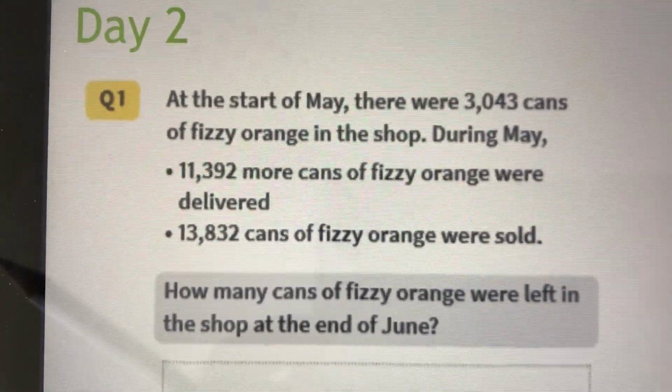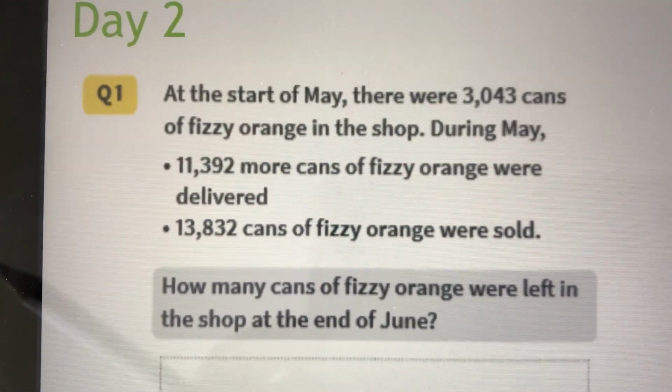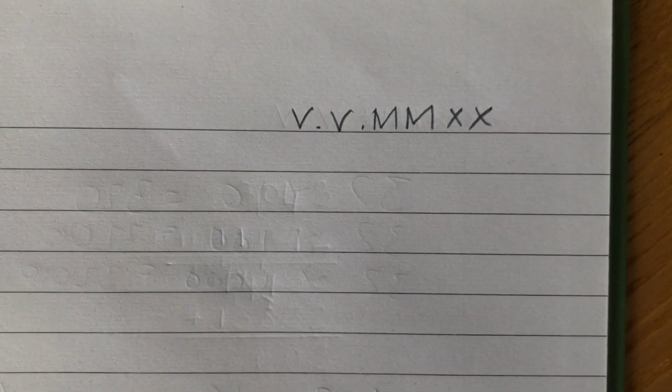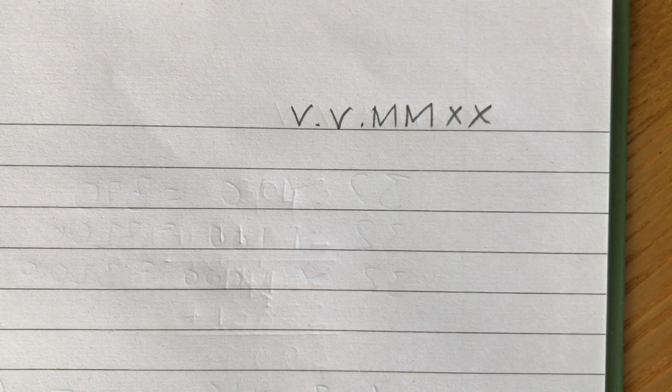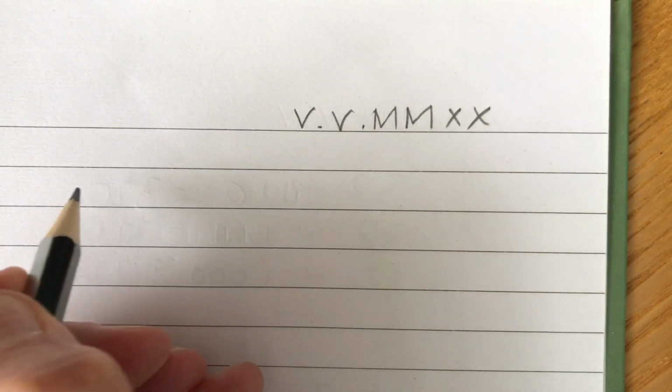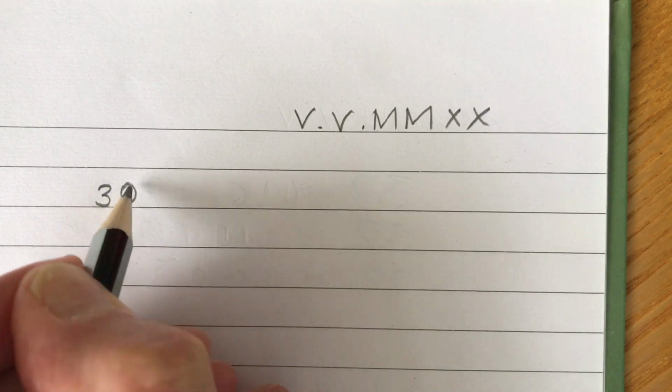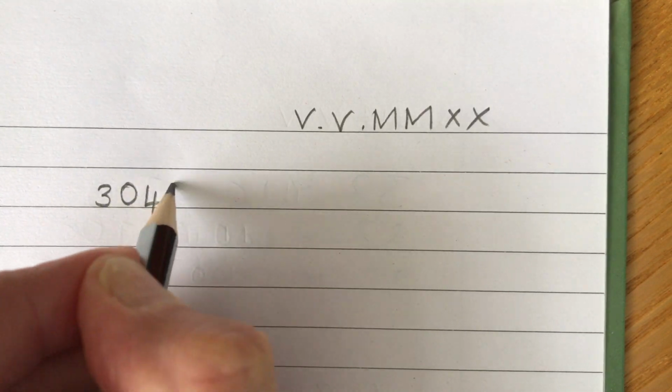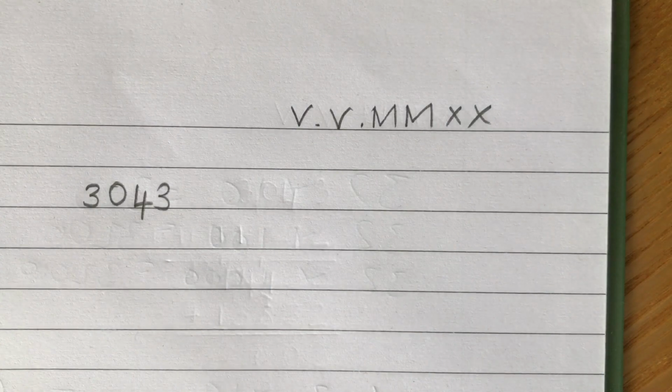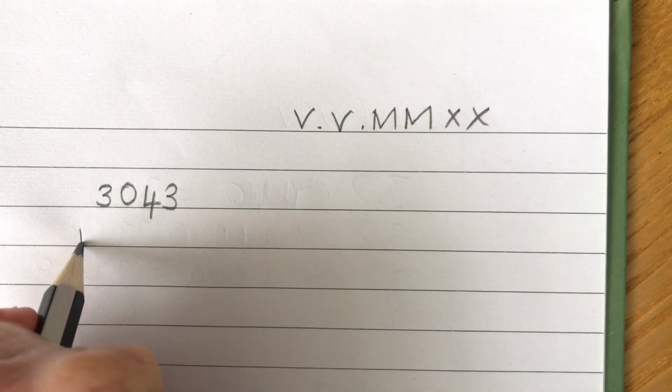Right, so I'm going to look at the number of cans they had to start with and then add on how many were delivered. So let's have a look at my calculation. At the start of May, there were 3,043 cans. And then they had 11,392 more cans delivered, so let's make sure we line that up properly.